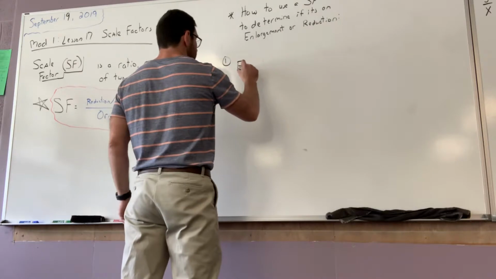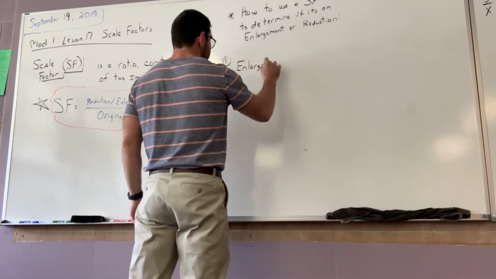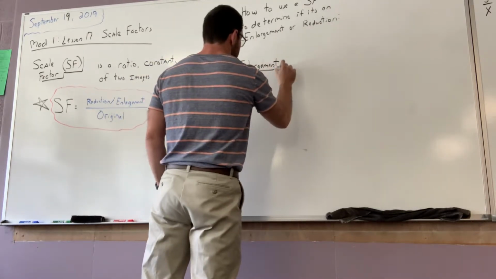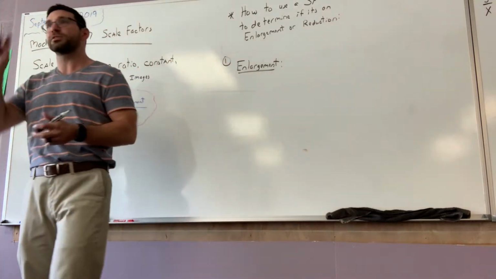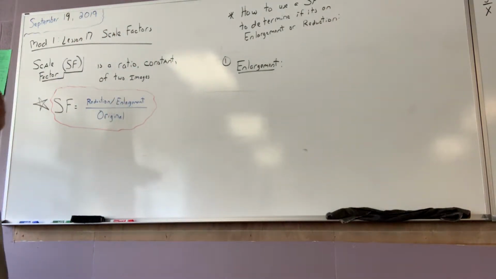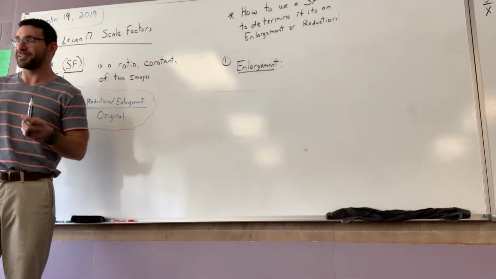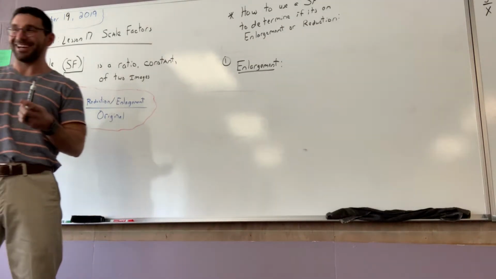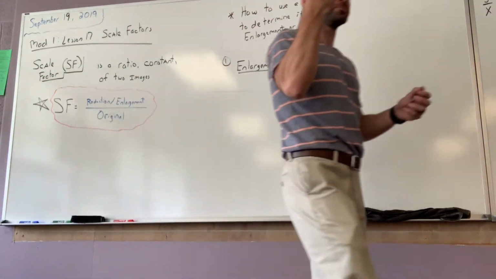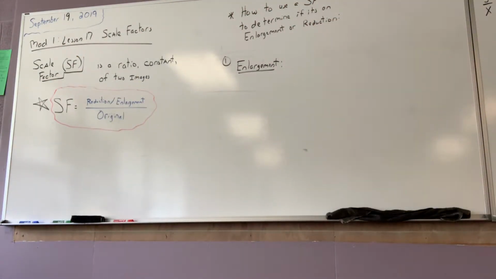So, when we're talking about scale factors, one more time, show me with fingers, what was the scale factor for that example? It is 2. Okay? So the scale factor was 2 to 1, which means the enlargement was 2 times bigger than the original. Do we agree with that? Yeah, okay.